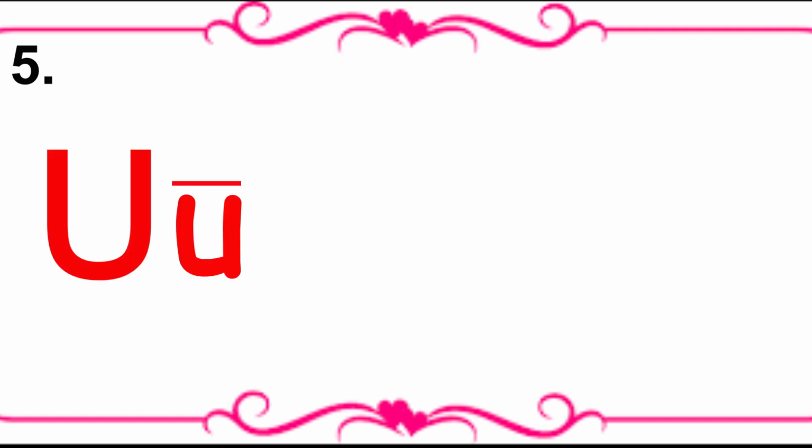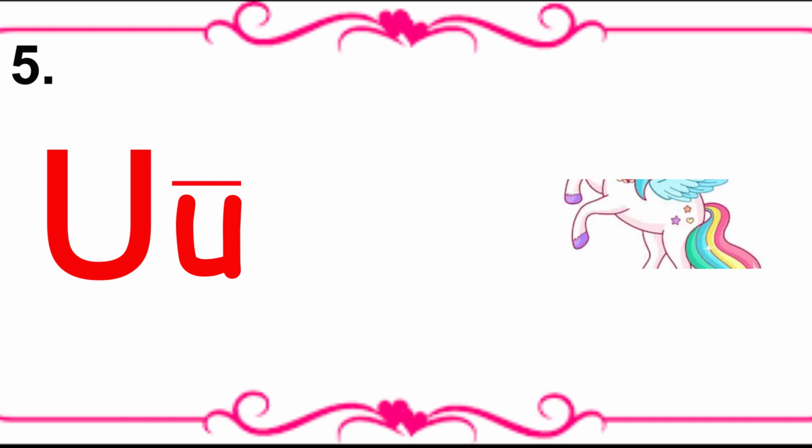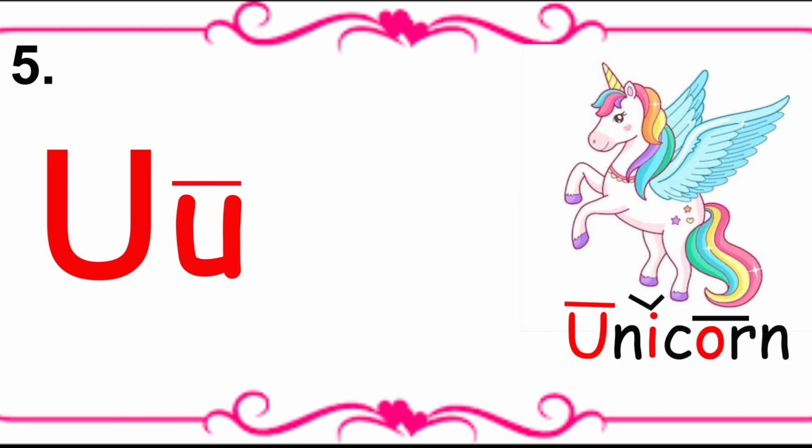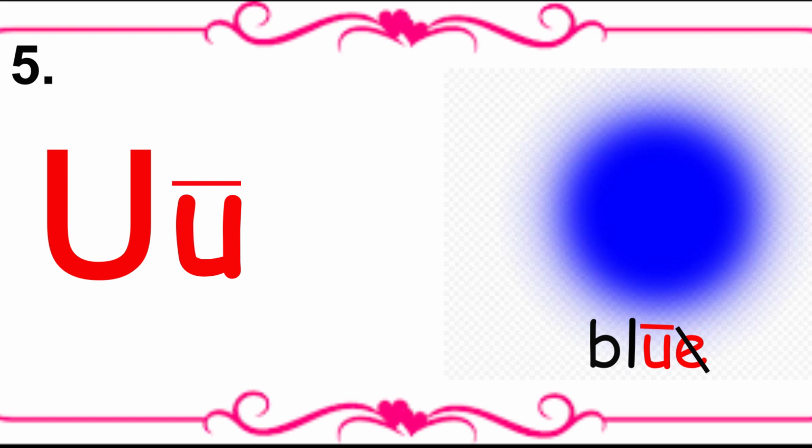The last vowel letter we have is the letter U. Now the long letter U says you. Just say the letter name. The long letter U says you. We have it in the beginning of the word unicorn, and also in the middle of the word blue.